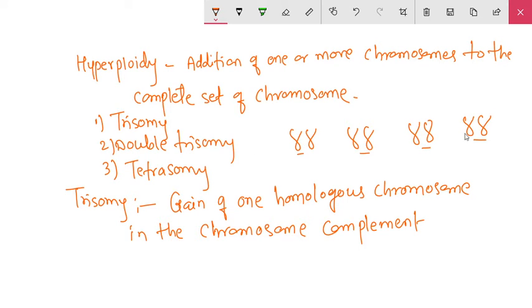So there are four pairs of chromosomes. Sometimes there may be addition of one more homologous chromosome to any one of the pairs. So that is the gain of one homologous chromosome in the chromosome complement.